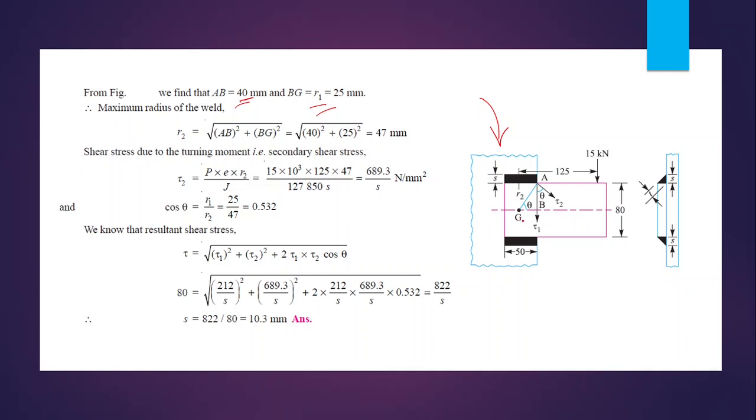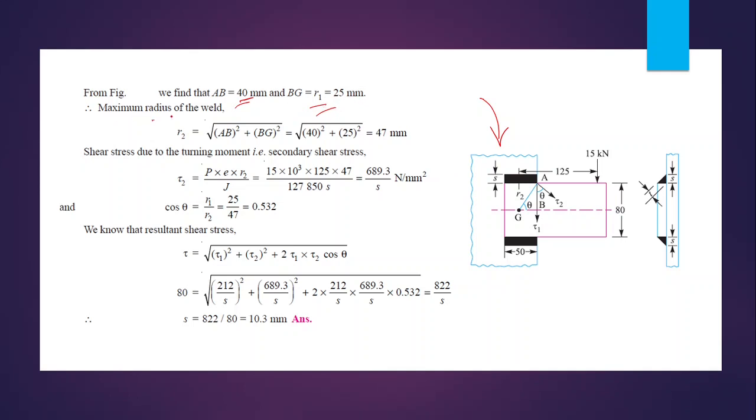Then this center of gravity is at a distance of 25 mm away from this particular edge, that means at the middle of this span length of 50 mm. X coordinate is equal to 25 and y coordinate is equal to 40. Then BG is equal to R1, that's equal to 25 mm.